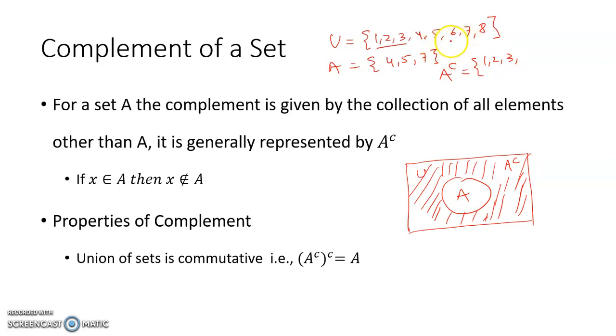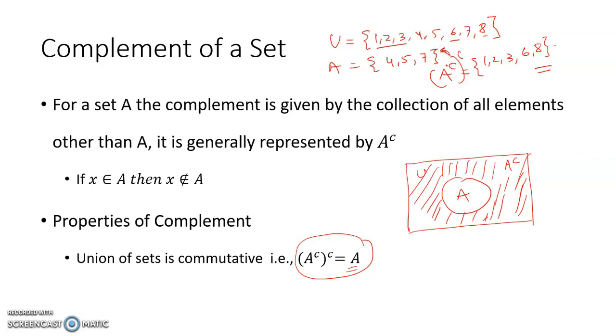And then 4, 5, 7 are there, then 6 and 8. That becomes the complement of a set. One of the major properties of the complement is that the complement of the complement of a set becomes the set itself. You can try it from here: if I take the complement of this, you will ultimately get A.